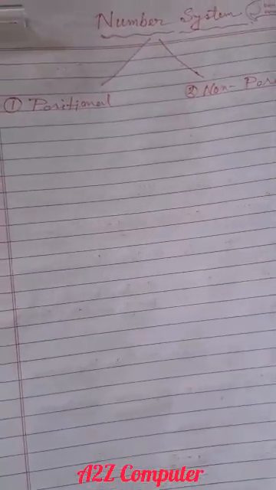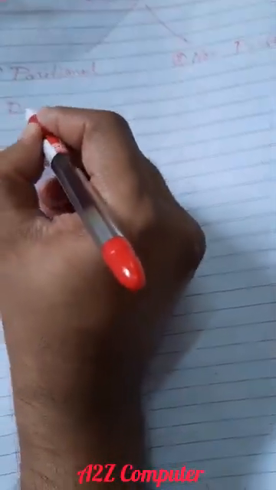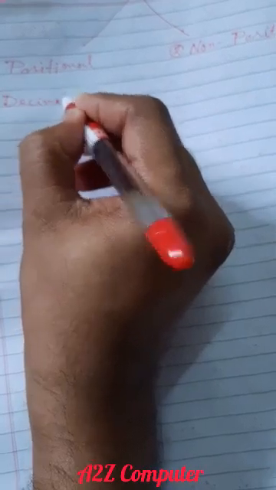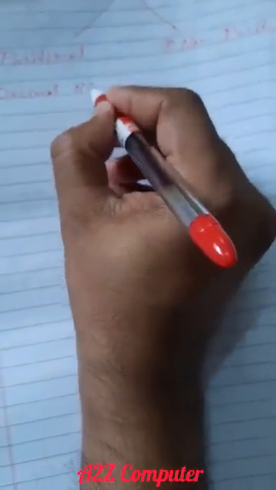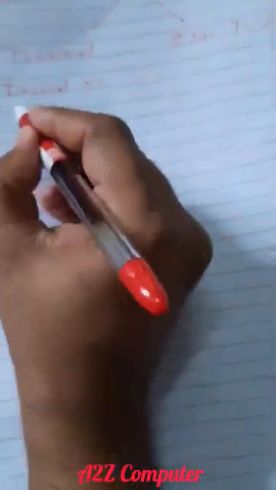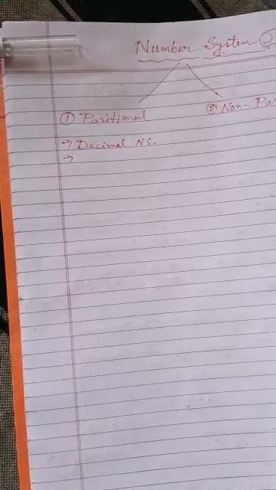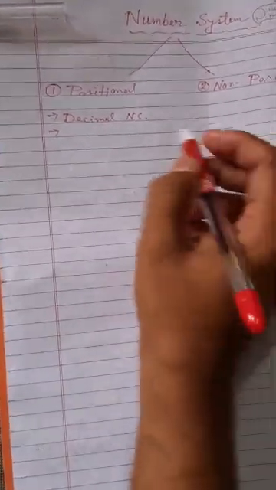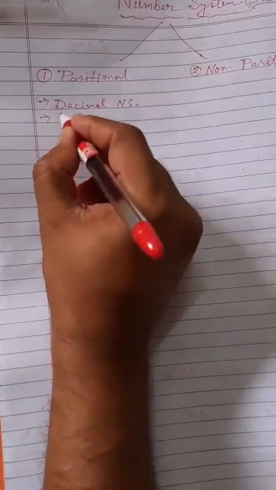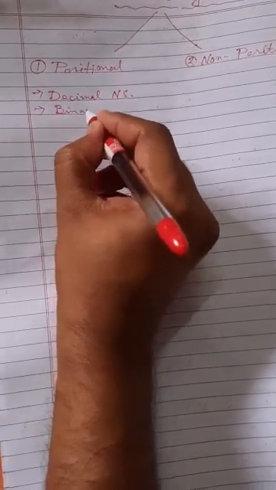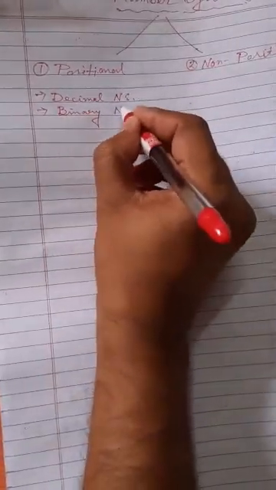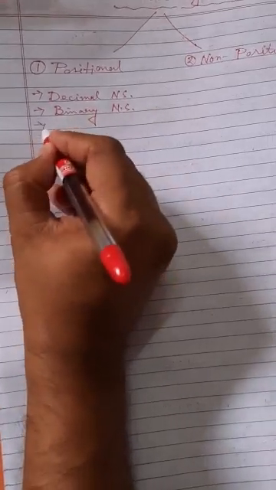What are the different types of positional number systems? First is the decimal number system. Second is the binary number system.